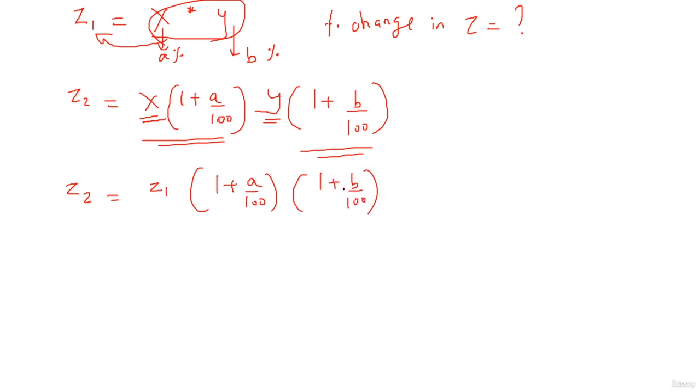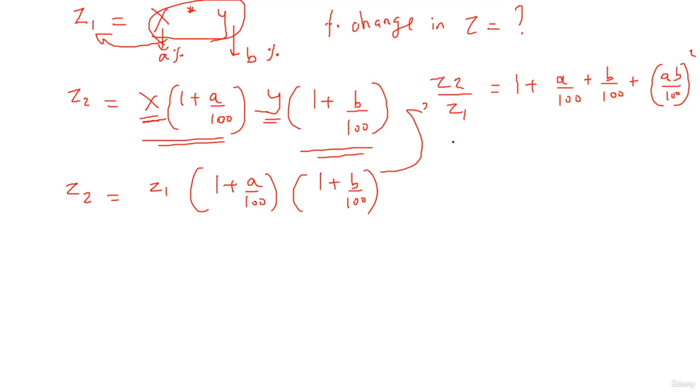Now you can write this as the ratio z2 upon z1. z2 upon z1 is 1 plus a by 100 plus b by 100 plus ab by 100 square. You can subtract 1 from both sides. Subtracting 1 from both sides, I will take z1 upper and write the rest as such: a by 100 plus b by 100 plus ab upon 100 square, right?